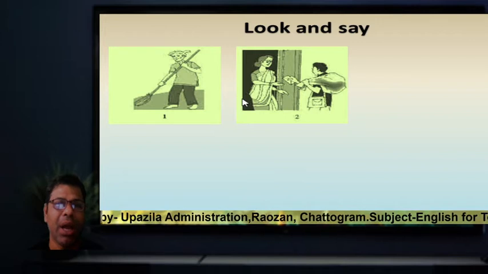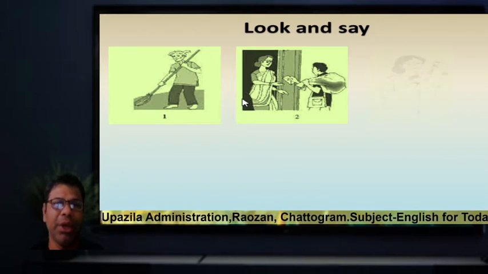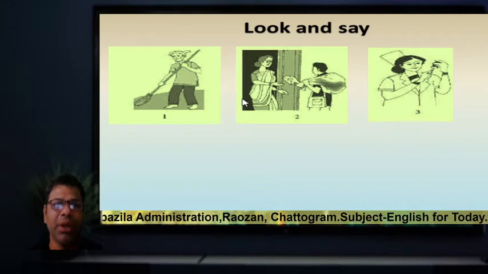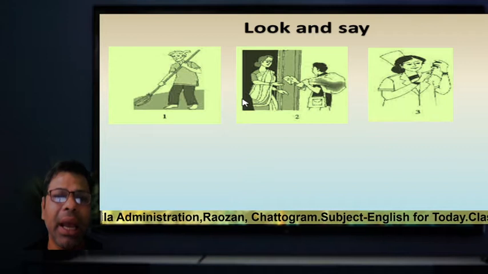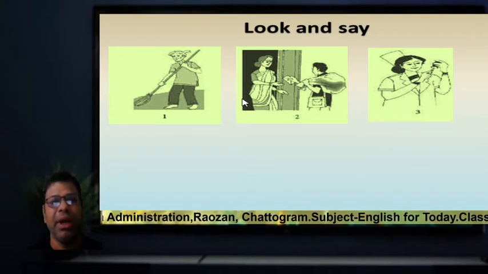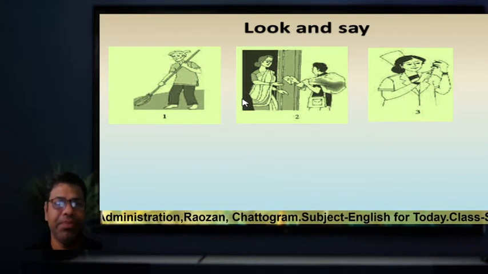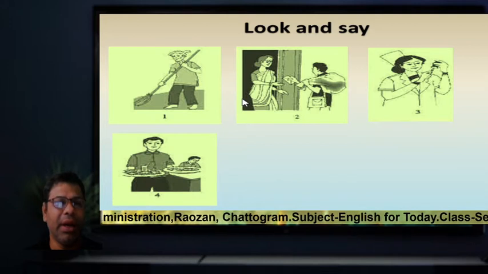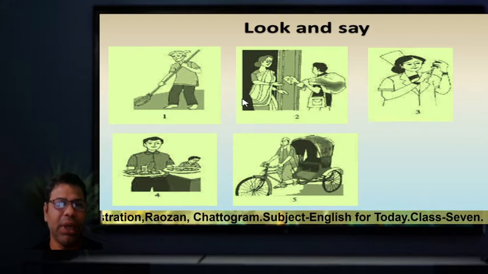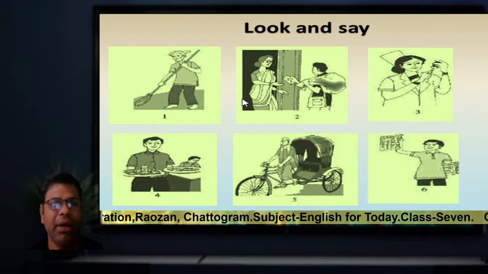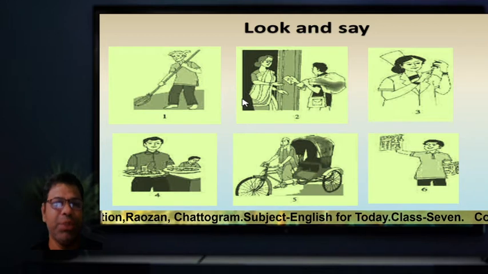So we can see that a letter is being delivered to the woman. So the next one is a nurse giving an injection to the patient, and a man who serves food, a rickshaw puller who pulls a rickshaw, and a hawker who sells newspapers.